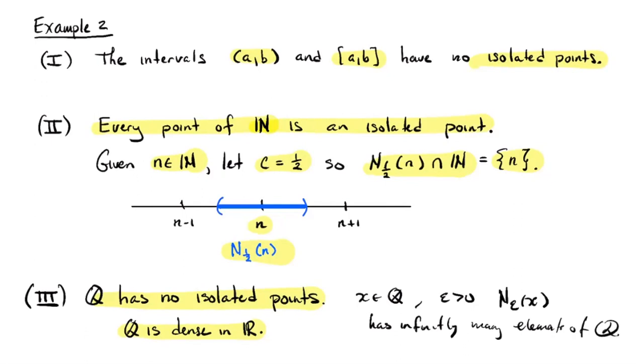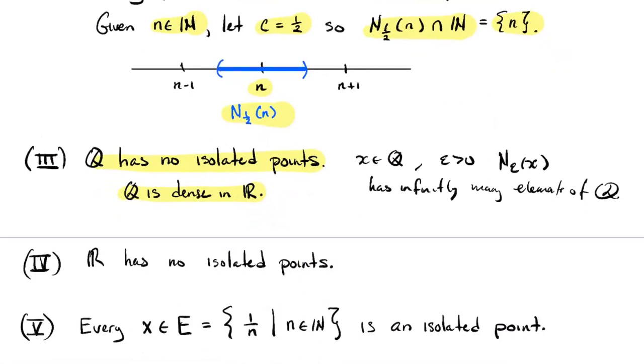From density, no point in Q is isolated. Same for R, same exact reason. R has no isolated points.